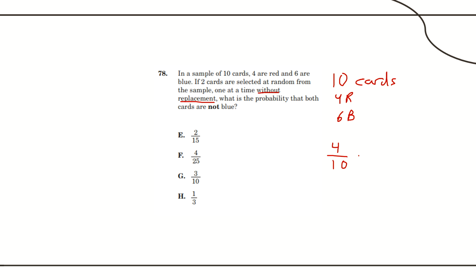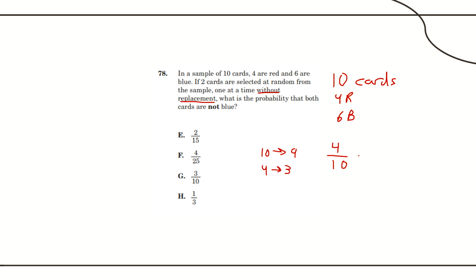And then, now that we know that it's without replacement, the total number of cards would decrease from 10 to 9. And the total number of red cards would decrease from 4 to 3 because we took out that red card.